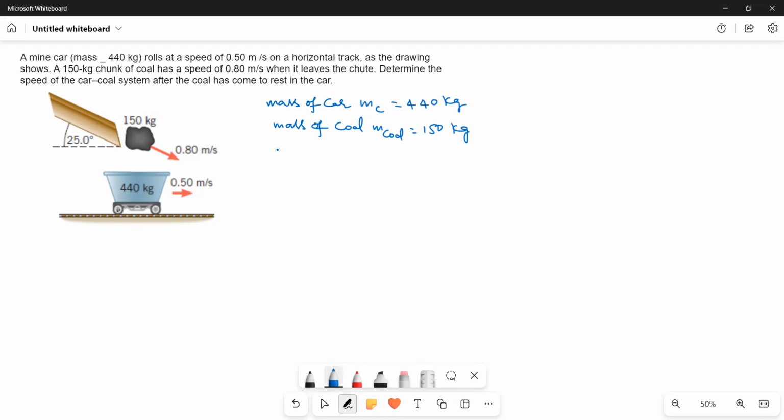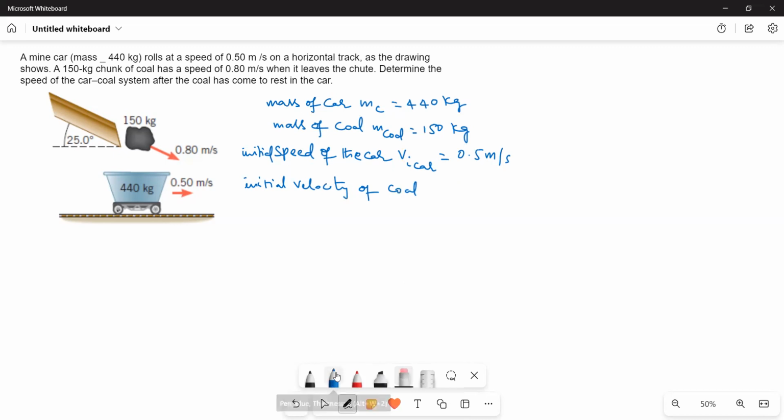So I will write the velocity of the car, or speed of the car. Initial V_i car is equal to 0.5 meters per second. Similarly, initial velocity of coal, I will write x direction and y direction.